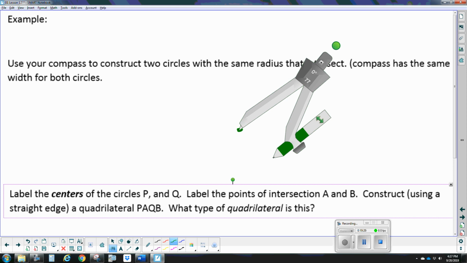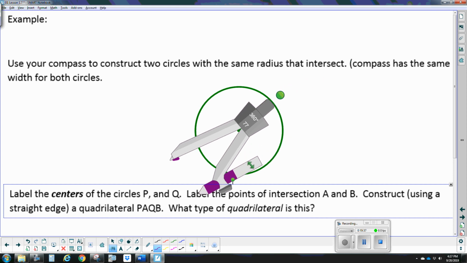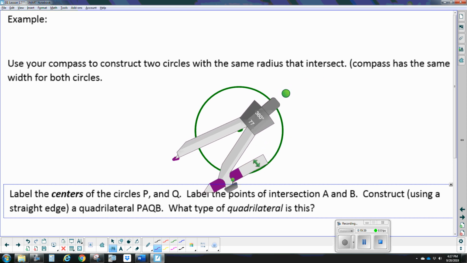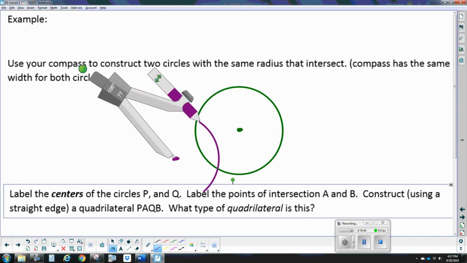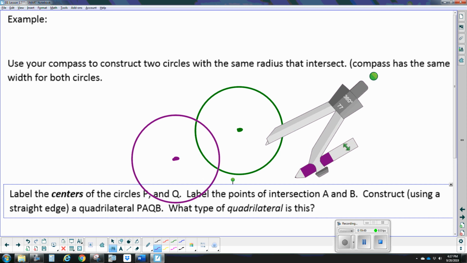I'm going to leave it just like this. Okay, here is one circle. And here's the center of my other circle. Again, I'm not changing the width of my compass. I'm going to keep it just as it is. And I can draw that other circle. Okay, now I'm done with my compass. So I'm going to get rid of this.